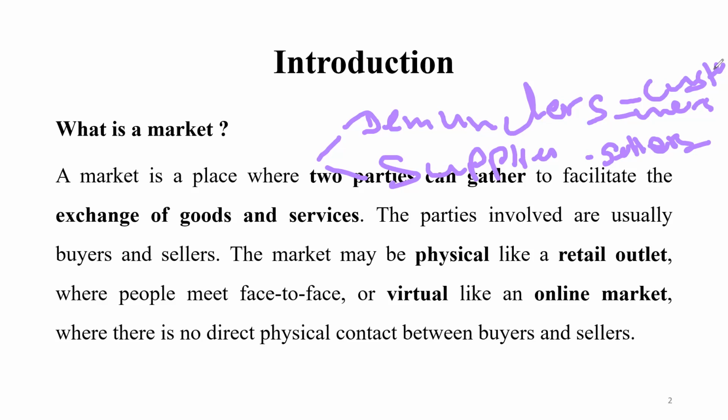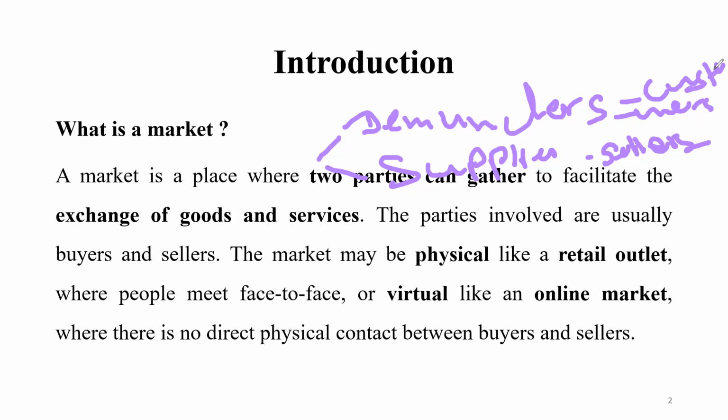The purchaser wishes to purchase that particular good or service at the price determined by the seller. The seller also wishes to sell that particular product at their determined price. So the purchaser or customer is willing to purchase, as well as the seller wishing to sell, and they come to a common agreement.